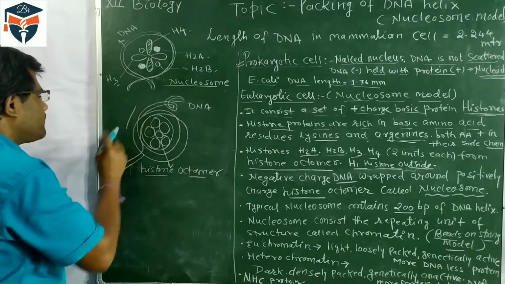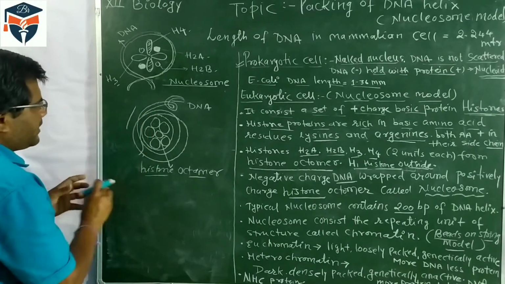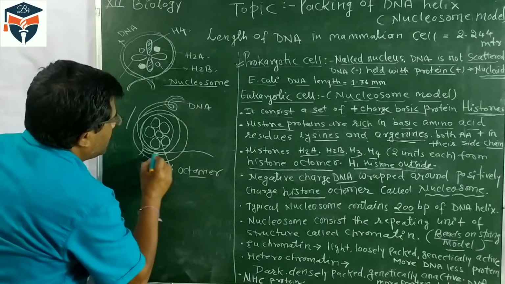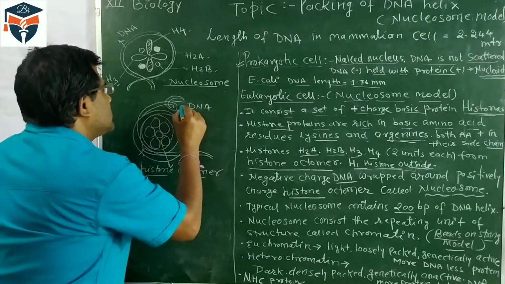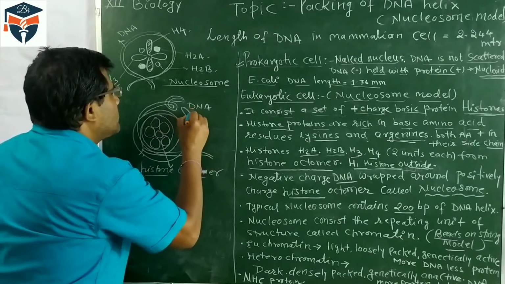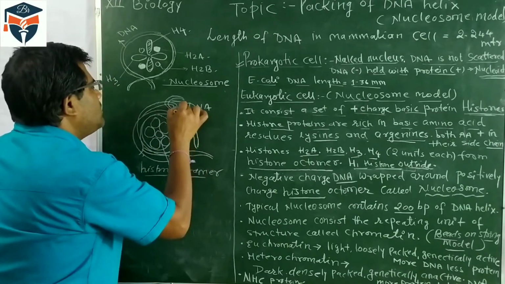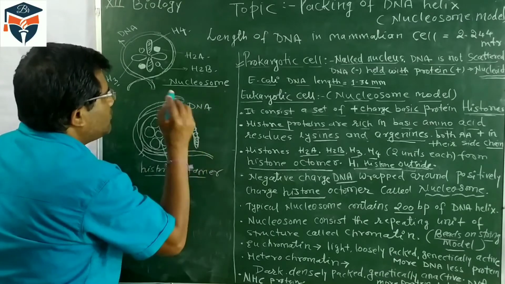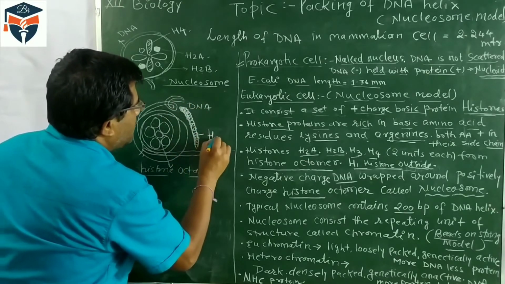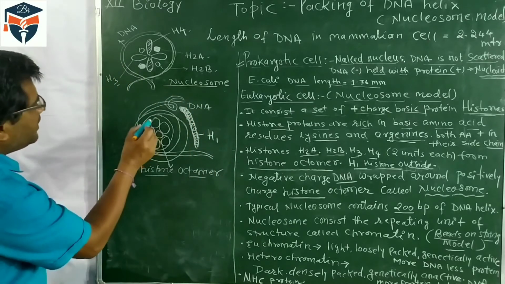On the outer side, where the DNA covers the octamer, one more protein occurs. This is a histone protein, and it is known as the H1 protein.